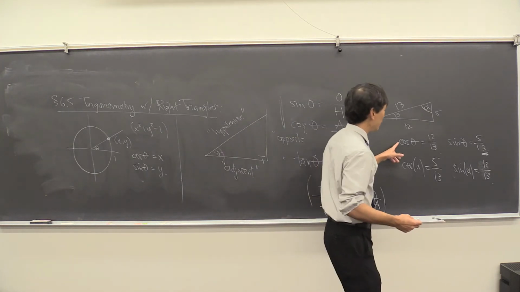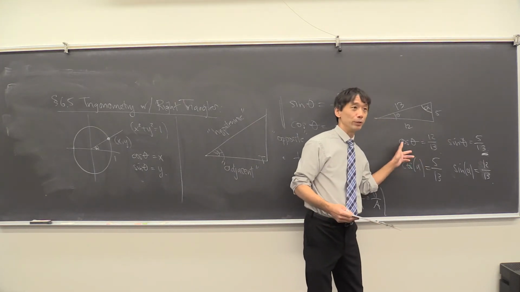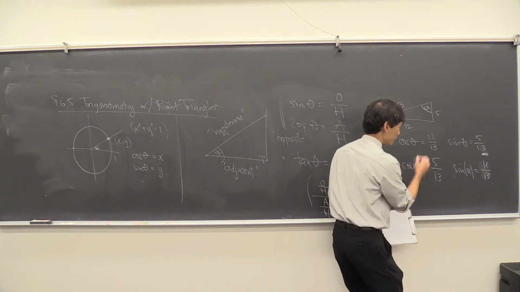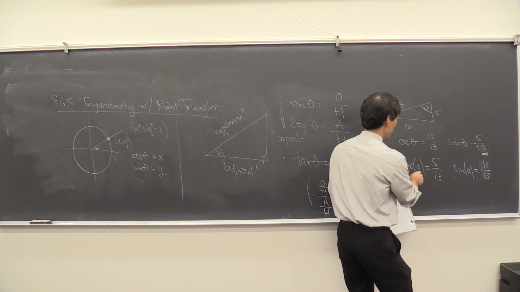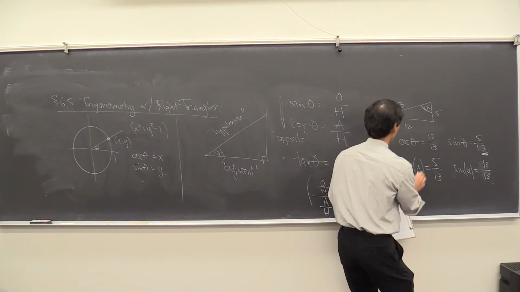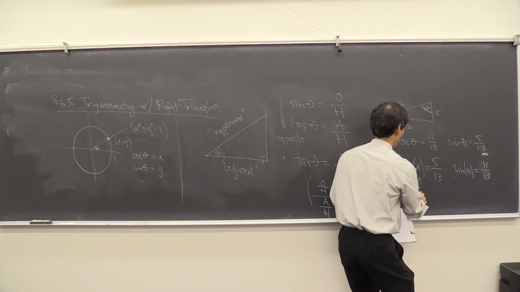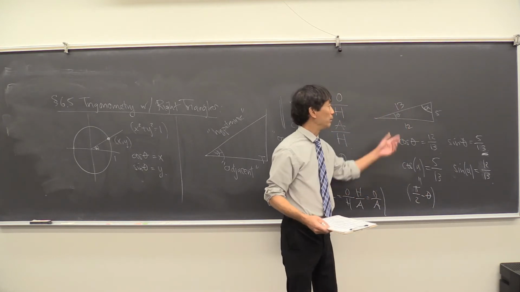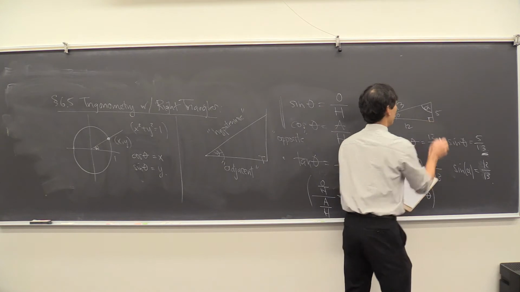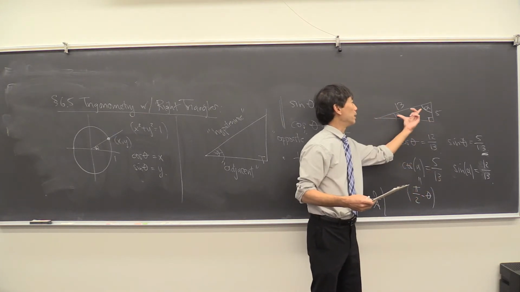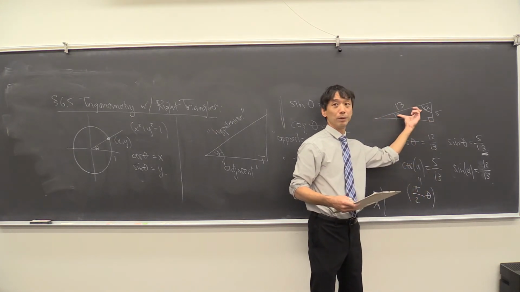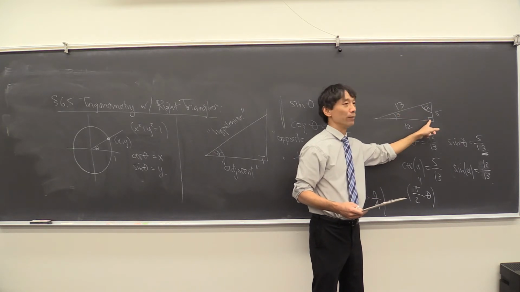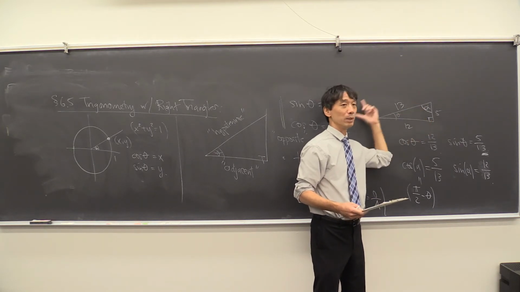You notice here that this actually gives us one of our trigonometric identities. Just as a side comment, this alpha is pi over 2 minus theta, because in the right triangle these two angles add up to pi over 2, since this one is pi over 2 and everything adds up to pi.